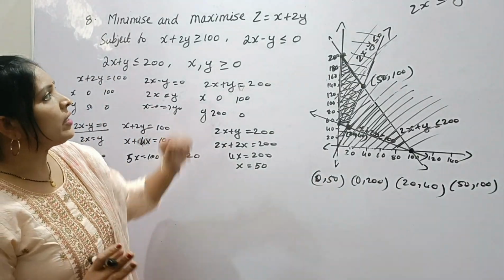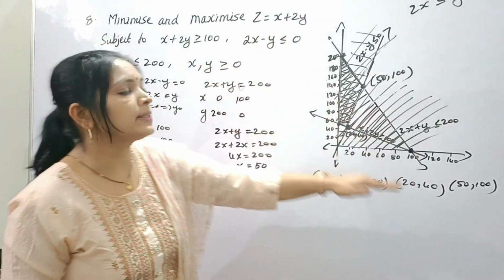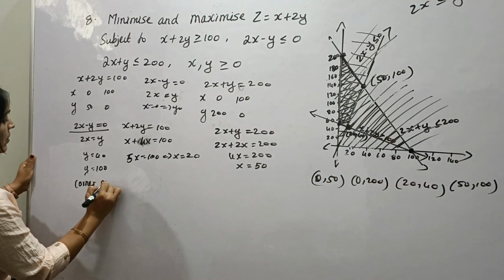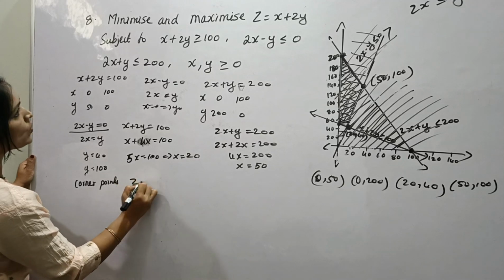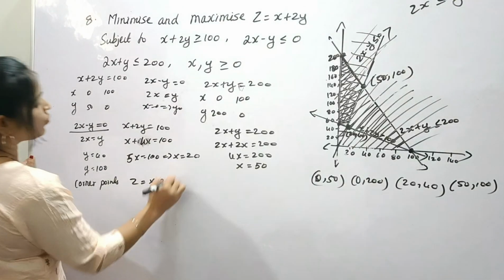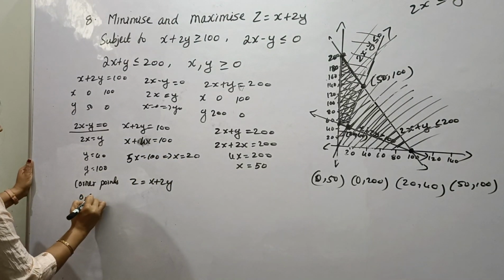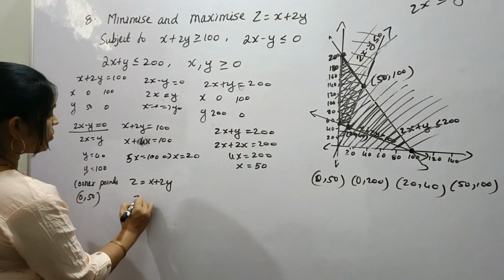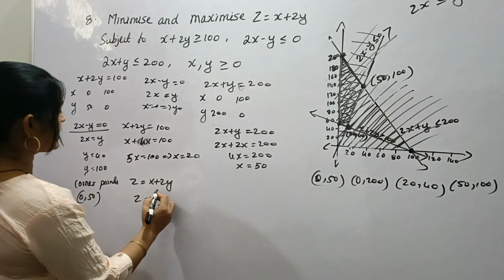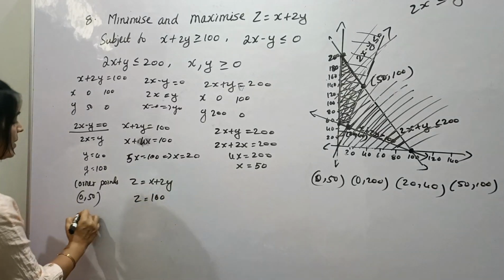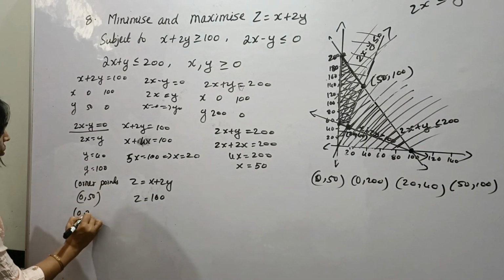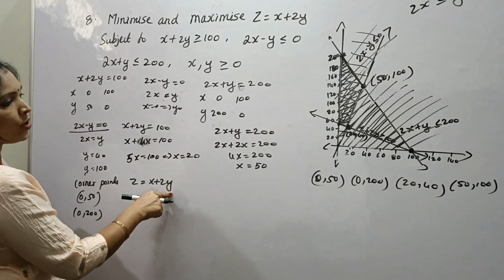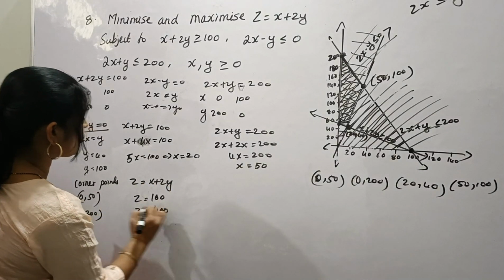Now let's find the values of z at these points. Corner points, z is equal to x plus 2y. At 0, 50: x is equal to 0, y is equal to 50, therefore z is equal to 100. At 0, 200: put x is equal to 0, y is equal to 200, z is equal to 400.